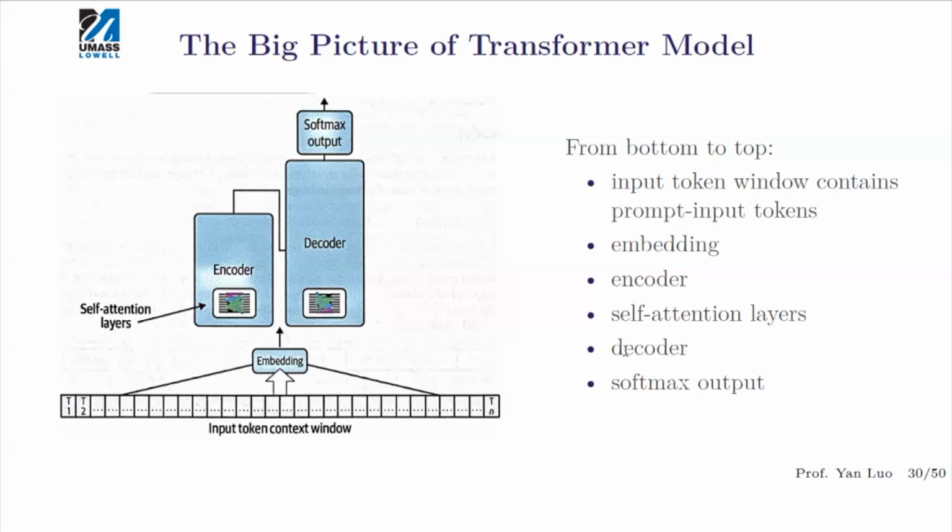And then the decoder will be connected to this final output layer called softmax. Softmax essentially produces this sequence of tokens with their probabilities. And through different sampling strategies, the output will be chosen from among these candidate outputs.